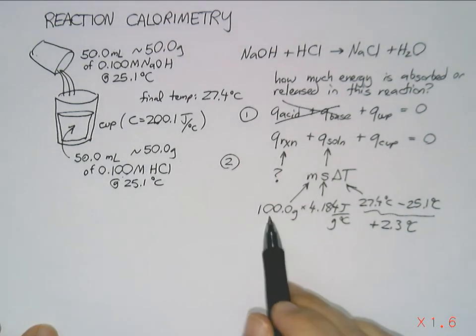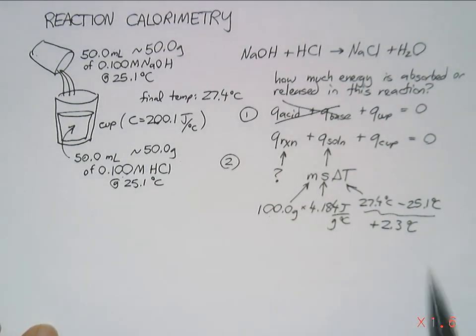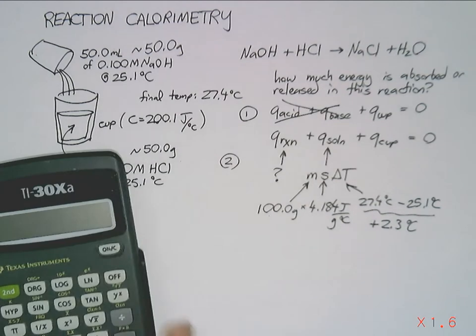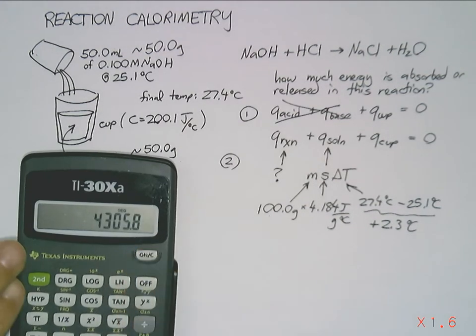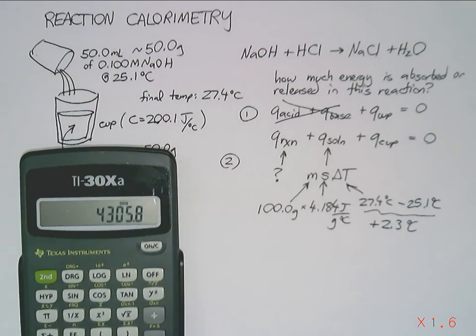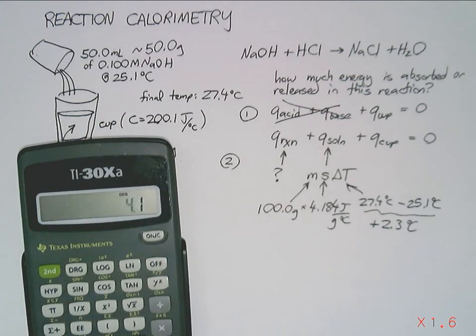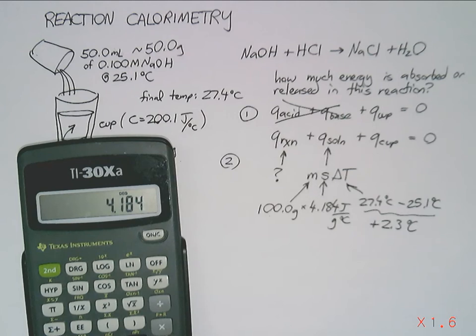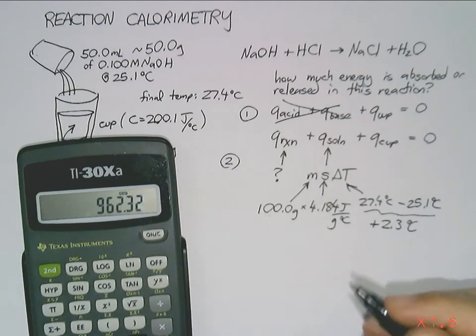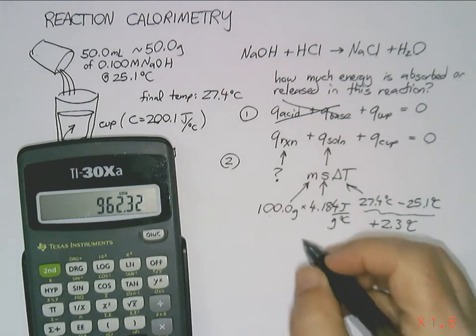Okay, so I multiply 100 times 4.18 times 2.3, and what am I going to get? Let's see, 100 times 4.184 times 2.3 gives me 962.